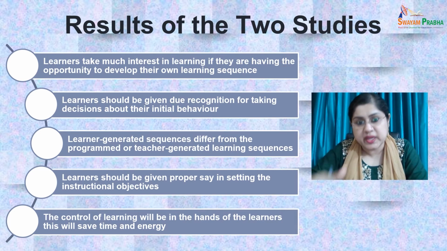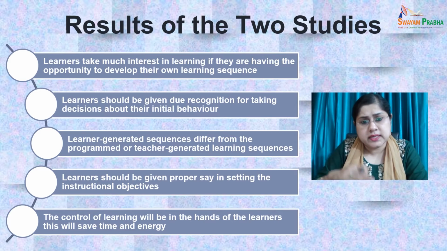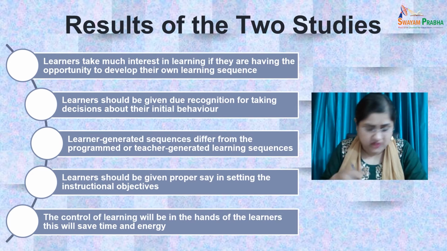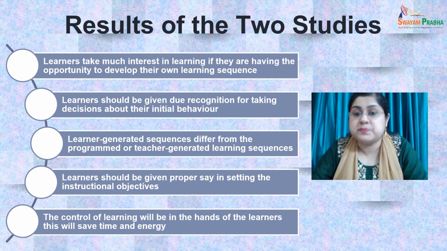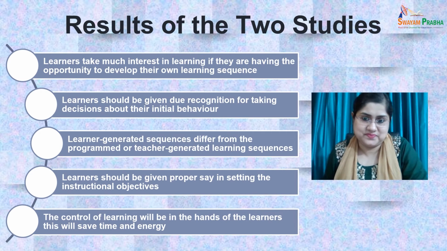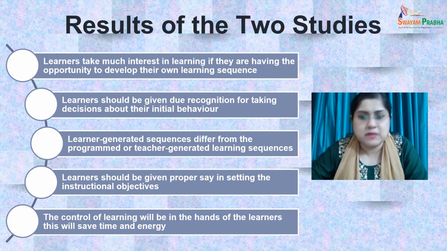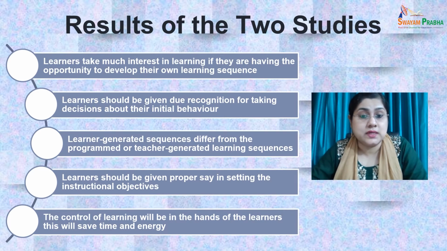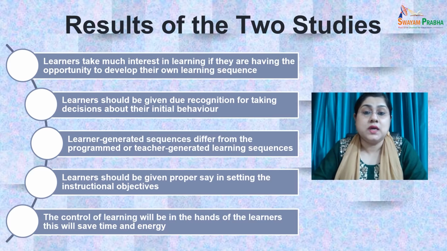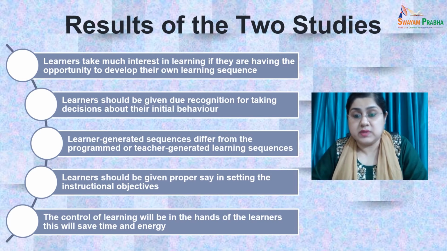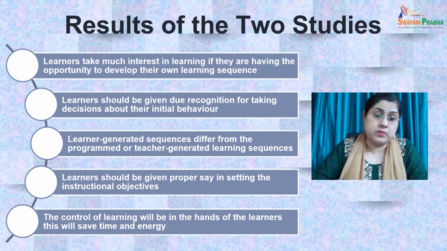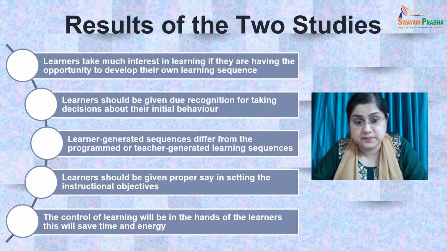And therefore, in taking decisions about the initial behavior of this particular learner, it is the learner who must be given due recognition. It should not be anybody else. It should be the learner who is given the most important role in the process of providing information, the learning methodology, or the initial behavior.